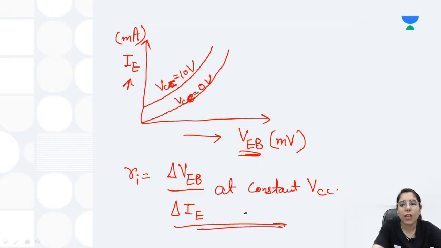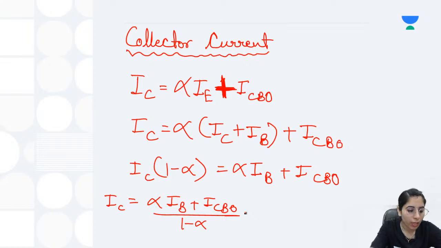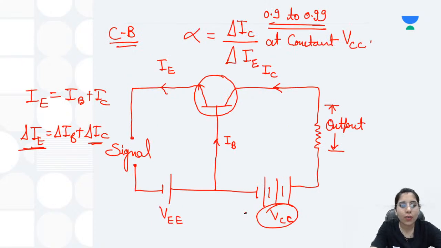Yes, Shubhankar, ICBO was what? ICBO was the leakage current. What is the leakage current? Leakage current is that even when you do not have any emitter current on this side, still you will have some collector current on the other side. Now what is that collector current if there is no emitter current?